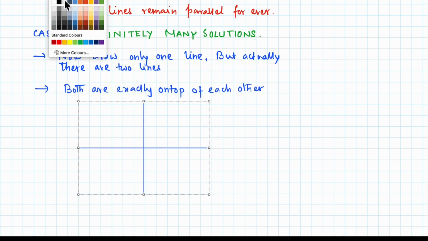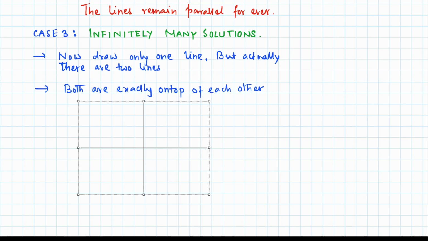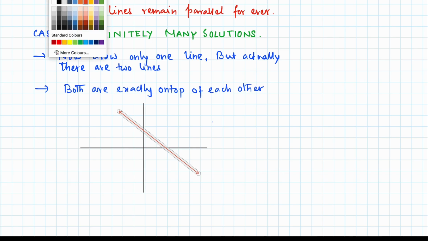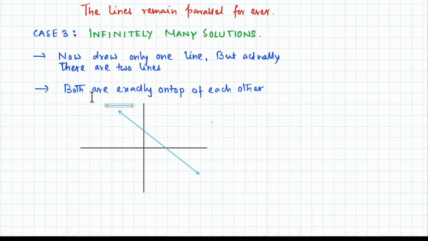So let's see in the graph. Here what will happen, we are drawing one straight line in the graph and then on top of that we are taking another straight line, which is on top of the blue line, as you can see.